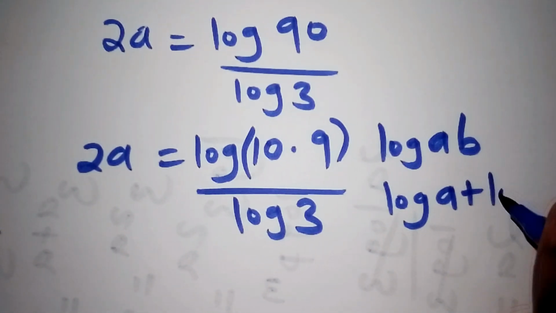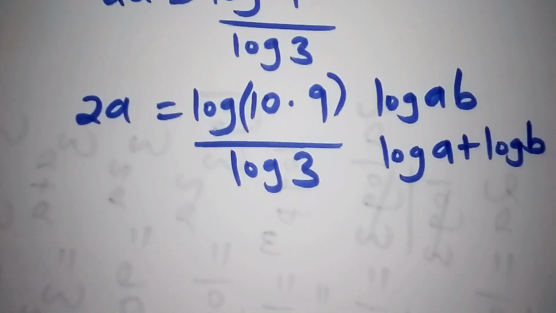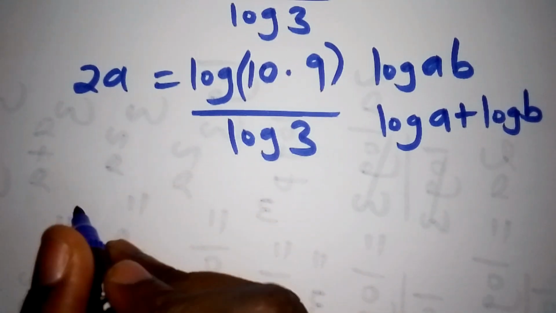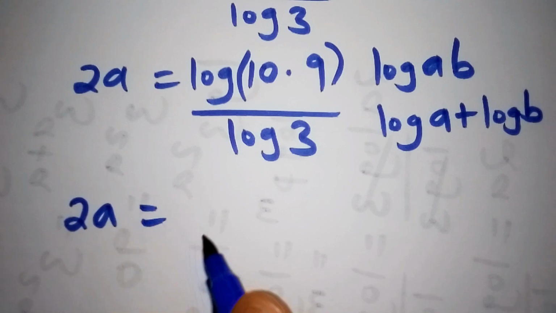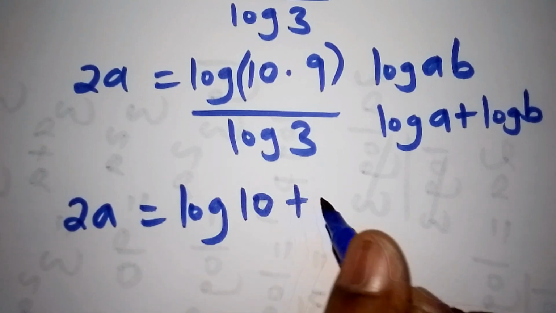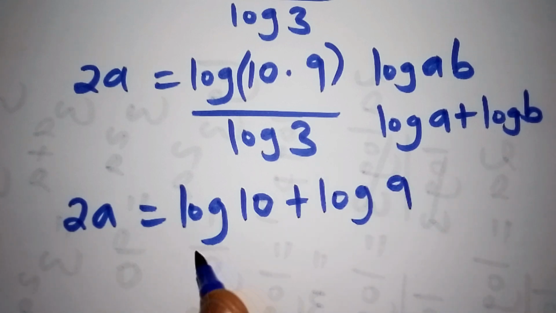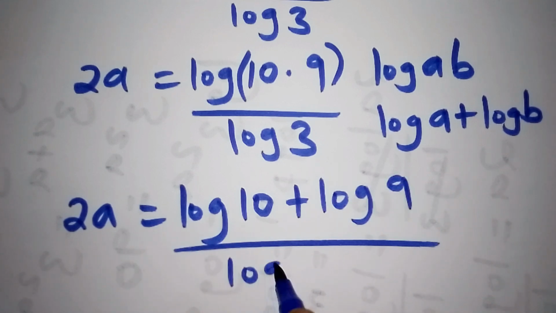So in this case 2a is equal to the log of 10 plus the log of 9, all over the log of 3.